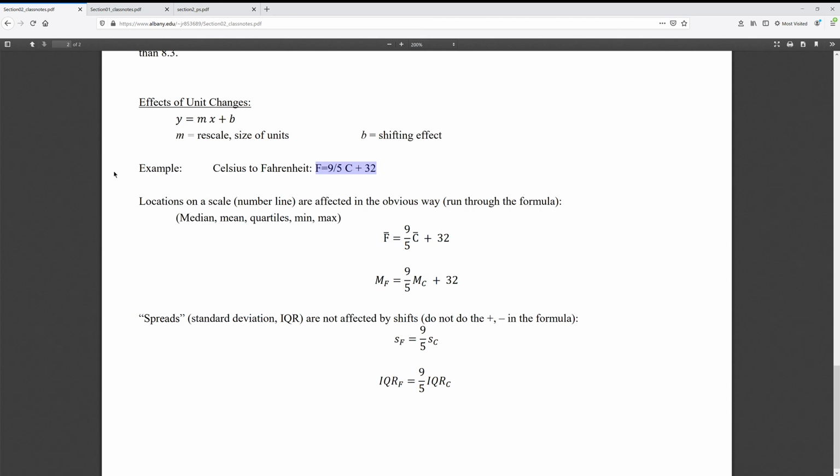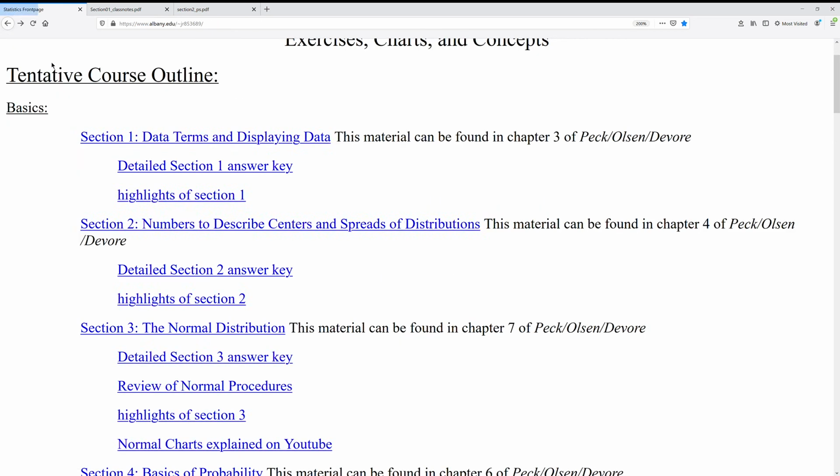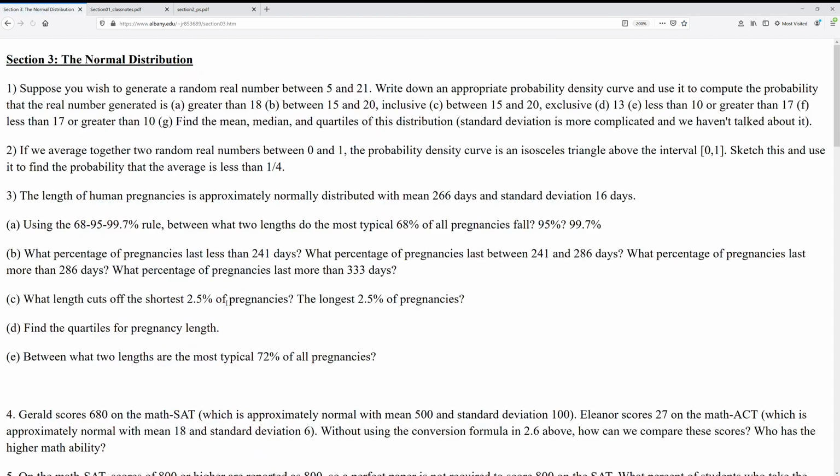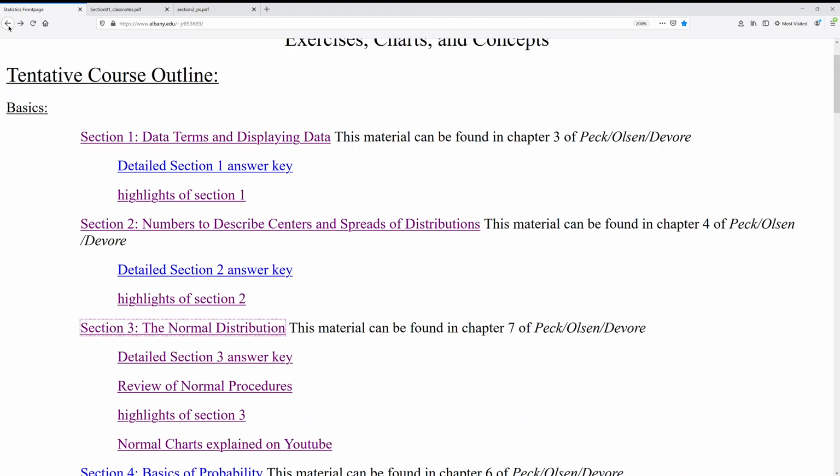So there is section 2, finally. And next up will be section 3. That is another long section, and it's a very important section. It's probably the most important section of the course, so I want to go through it relatively slowly. There's a lot of resources here.